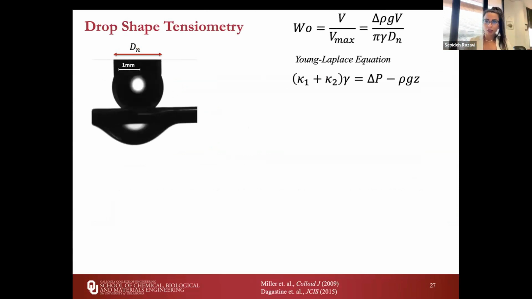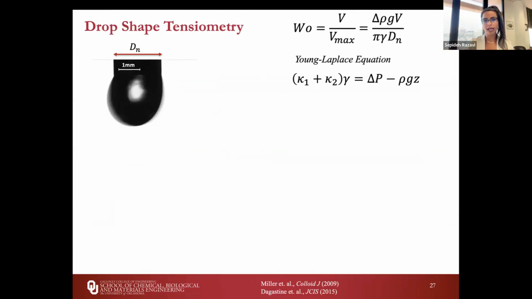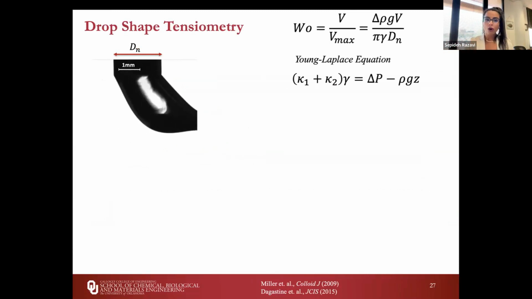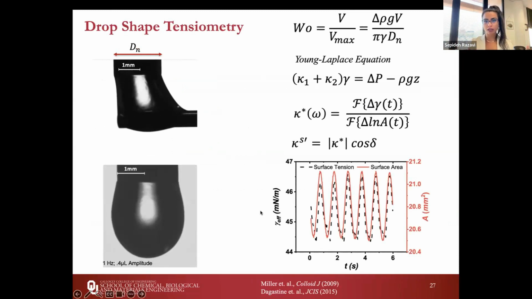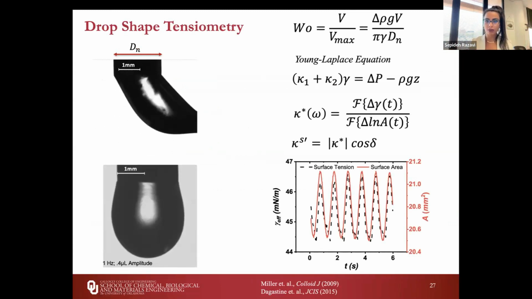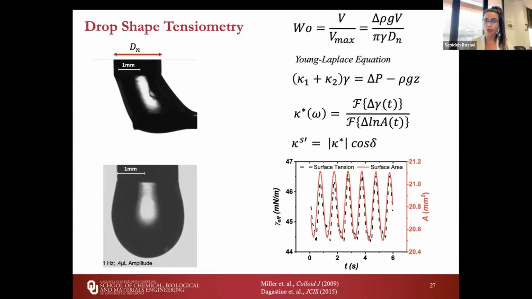So once we have the network, again, we want to understand what its mechanical stability is. We use drop-shape tensiometry to put these droplets at the interface, put the network at the interface, and look at the surface tension, just using the Young-Laplace equation. Once we have the particle network at the interface, we can pulsate this network. So we want to understand what the mechanical properties of this network are, and we can obtain this information by perturbing the network.